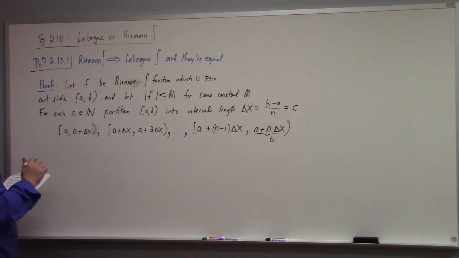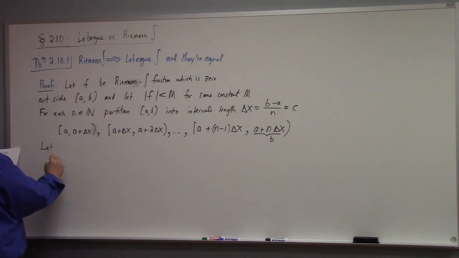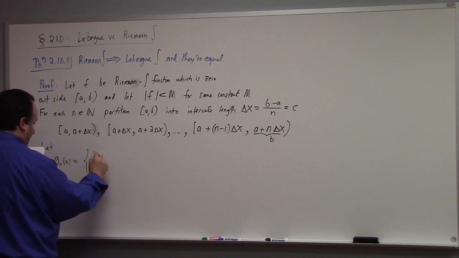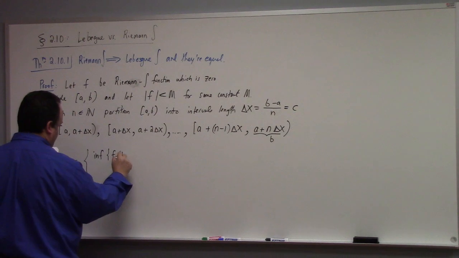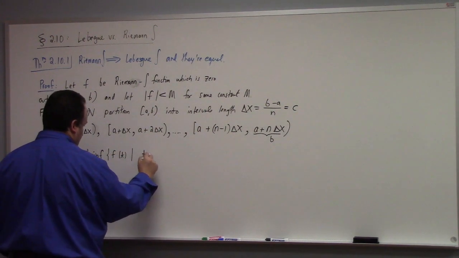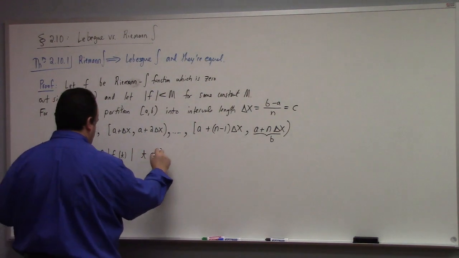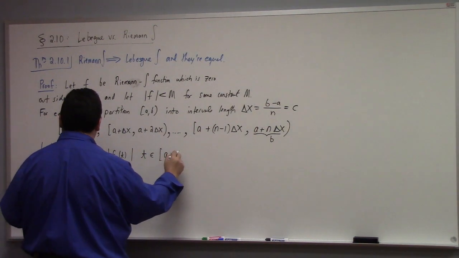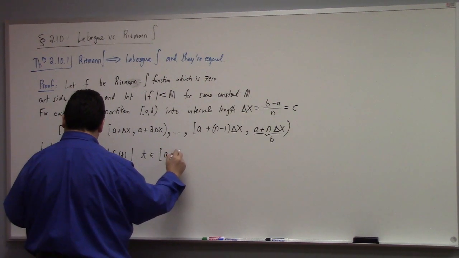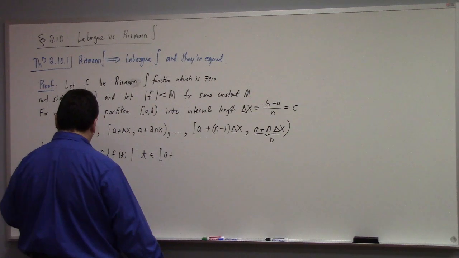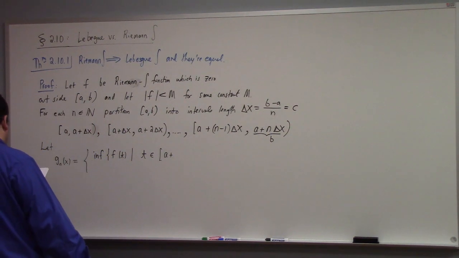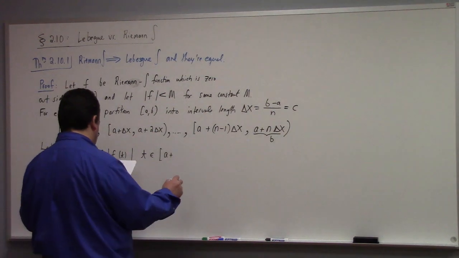And then he's going to say we define g_n of x equal to the infimum of f of t such that t is an element of the closed interval from a plus... Let me, this is kind of like that example the other day.